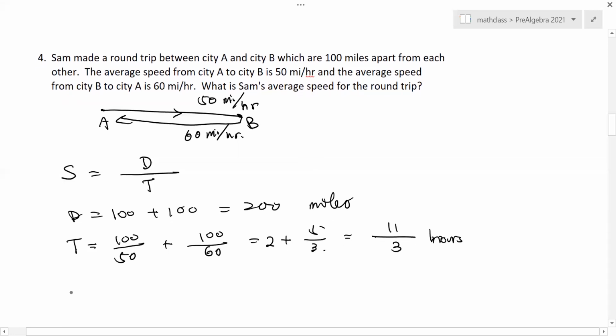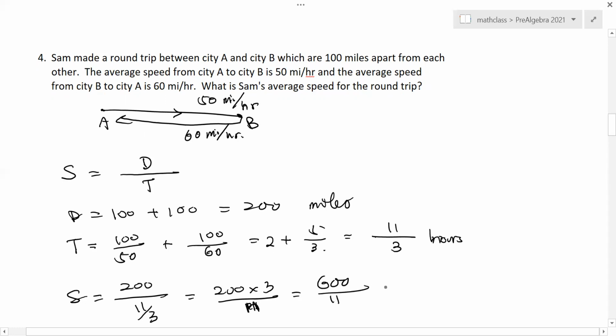Using that, you can get the speed. Speed is going to be 200 divided by 11 over 3, and it's 200 times 3 divided by 11. So it's going to be 600 divided by 11.